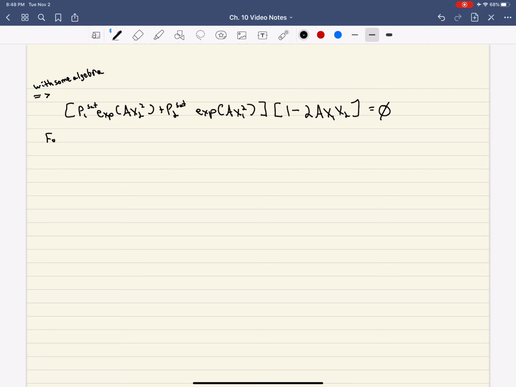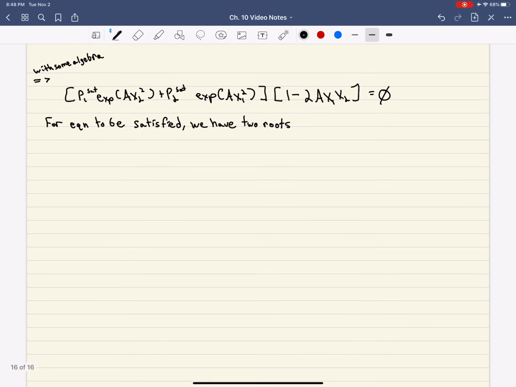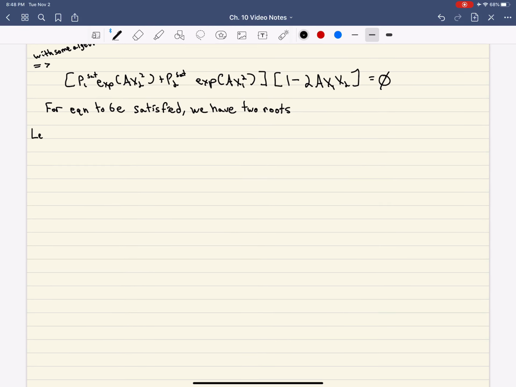So essentially for the equation to be satisfied, we find that we have two roots. Okay. All right, so we have two roots in this equation. And to get more insight into what this equation is telling us, let's look at each of the brackets independently.